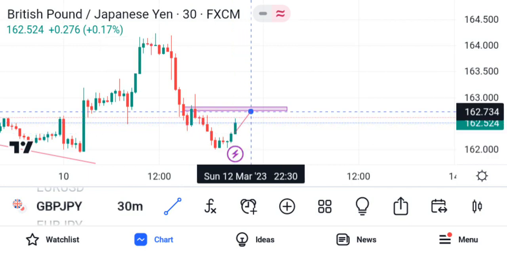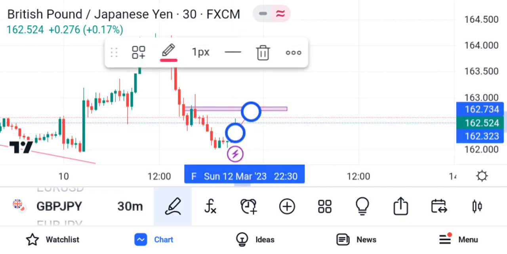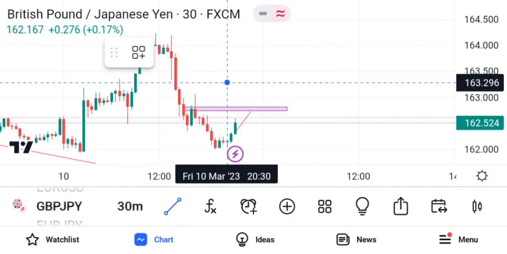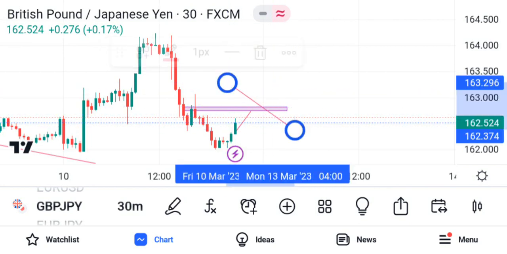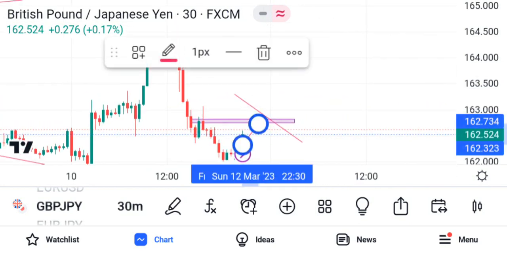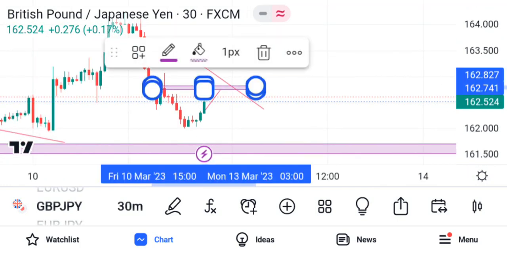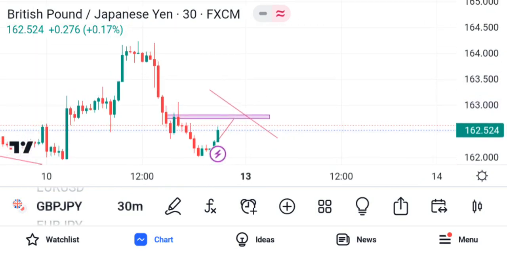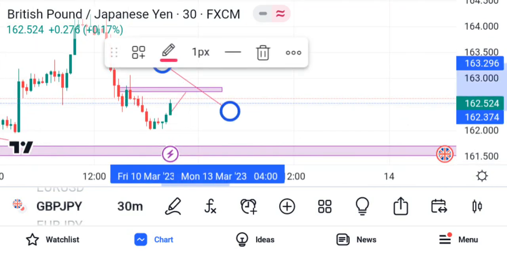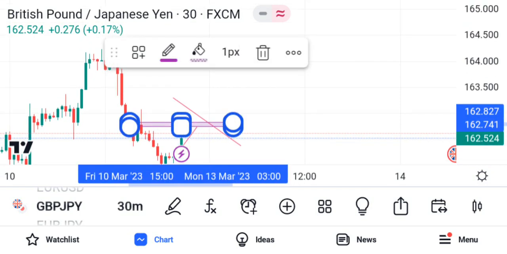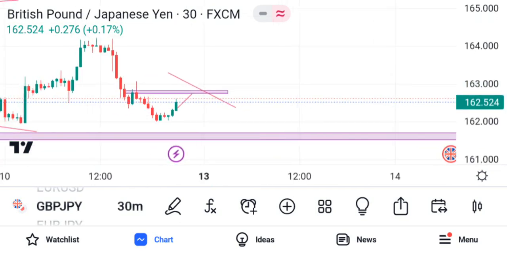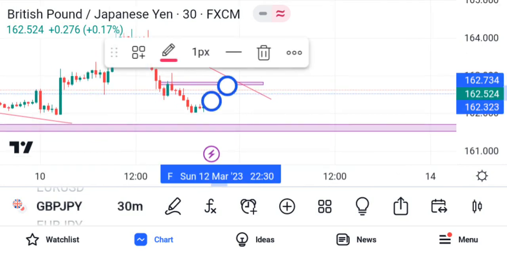Okay. This is what I'm hoping should play out. Come on, come on, come on. Come on now. It's like I should take this thing out.